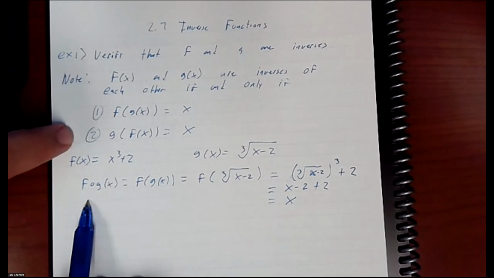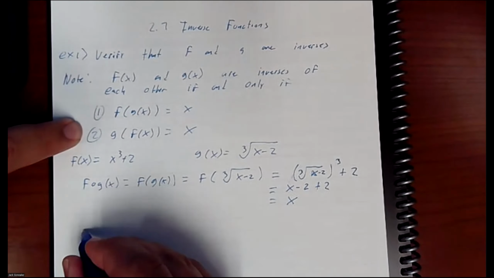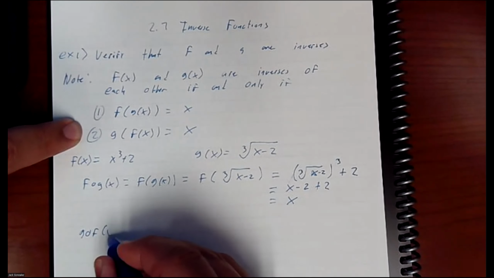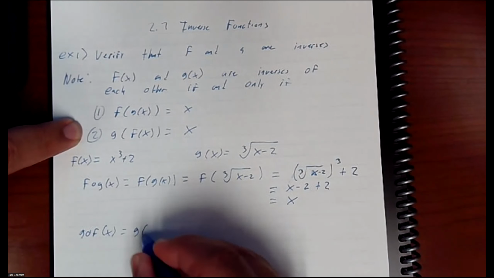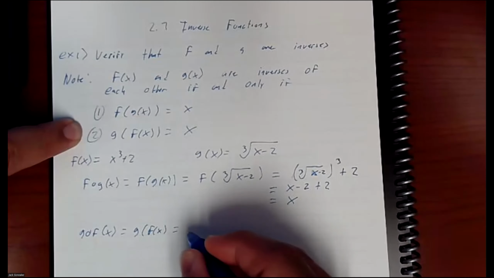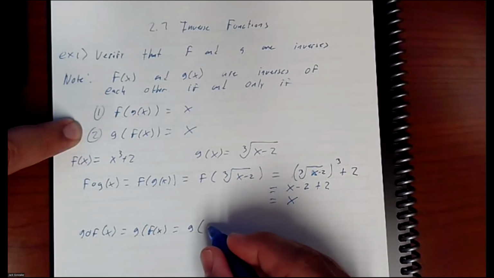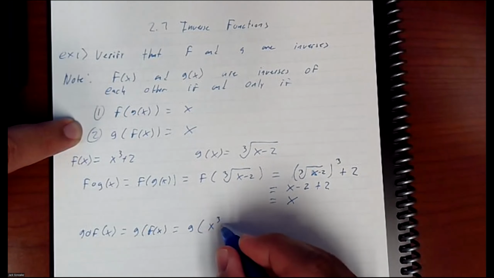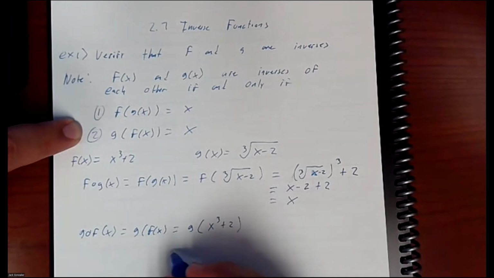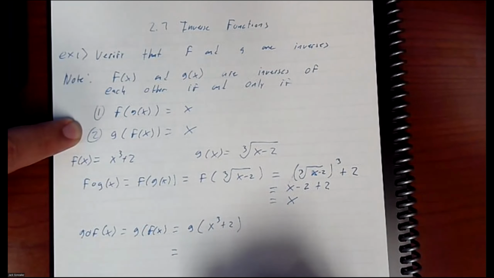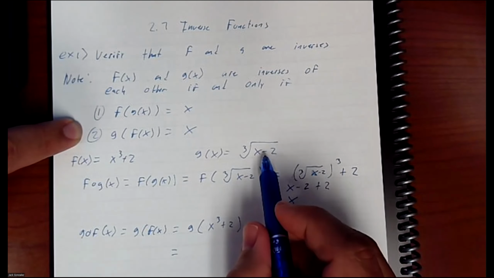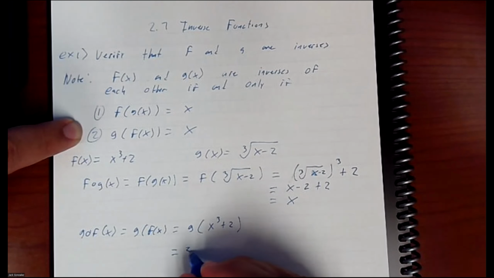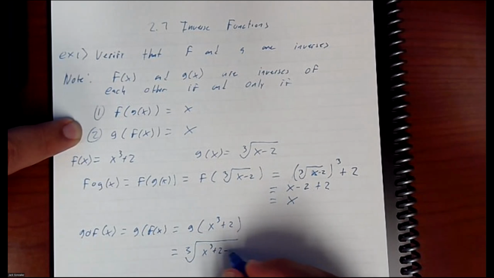So now the second direction is also going to work out. G of F of x means G of F, which means G of x cubed plus 2, which will be G cubed, x cubed plus 2 minus 2.